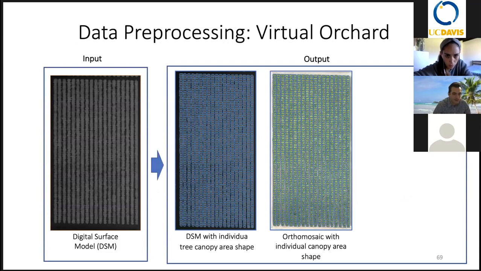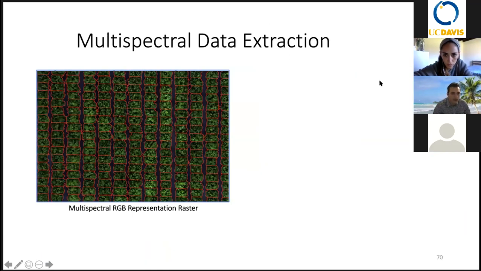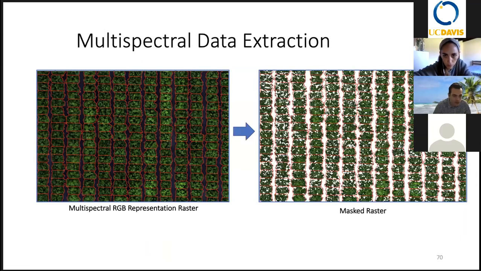So this is again some data processing. We find individual trees using the DSM or mosaic, and then we segment each tree separately. We calculate canopy cover. For multispectral data, we had to deal with the shadow problem. Within the mandarin canopy, there are holes in between that make shadows, so we get rid of all those shadows.